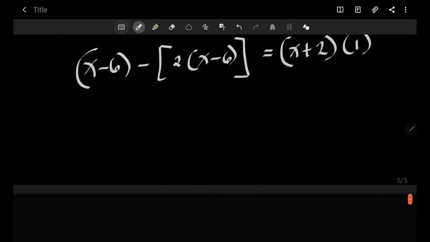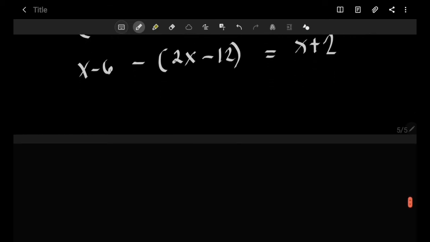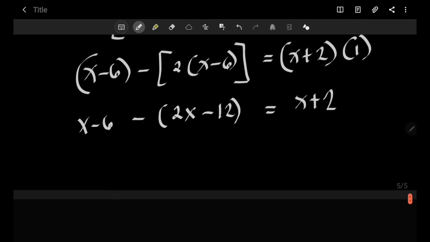So, next step is to simplify. So, we have x minus 6. So, distribute 2. So, minus 2x minus 12 is equal to x plus 2. So, again, simplify. We have x minus 6. I-distribute natin yung negative sign para mas madali nyong makita yung operation.